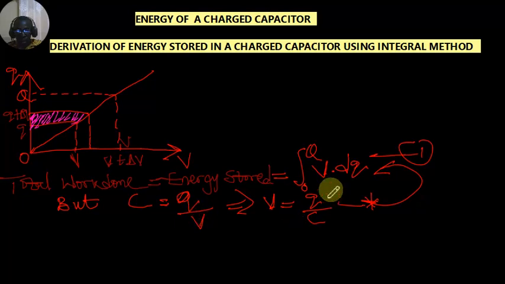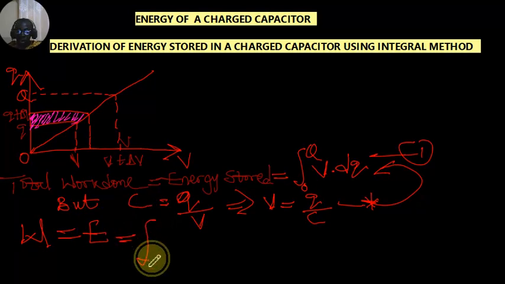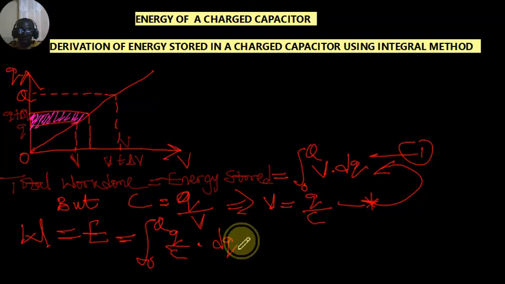If you cross multiply, we are going to have V as Q over C. Put this Q over C into equation 1, and we have the energy stored, which is still the work done, which you can represent with W or with energy E. We are still saying the same thing: it equals the integral from 0 to Q, where V has turned to Q over C, times dQ, the little increment in the charge.